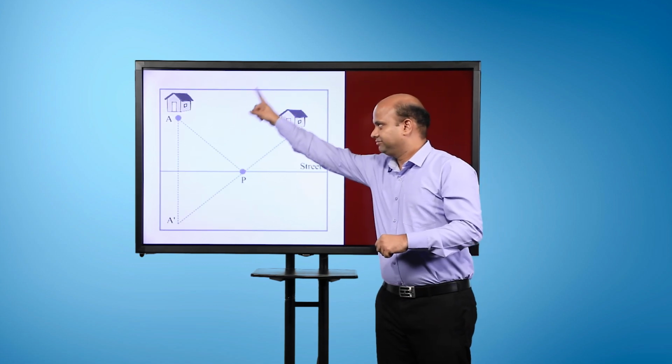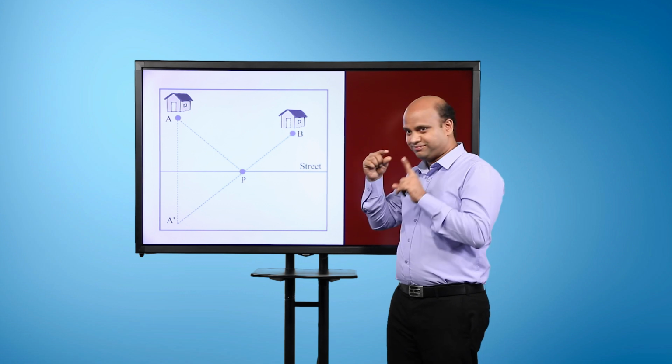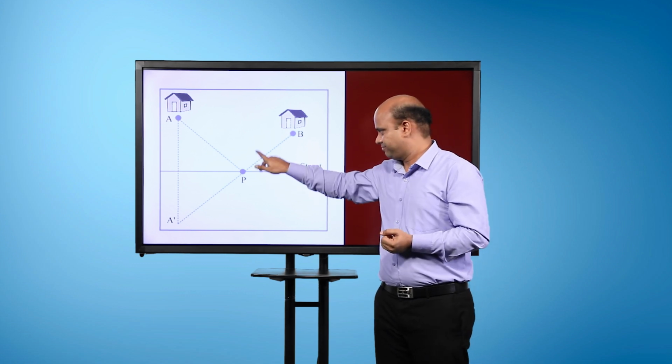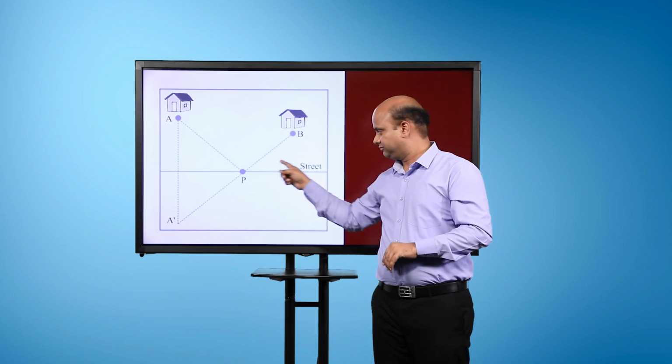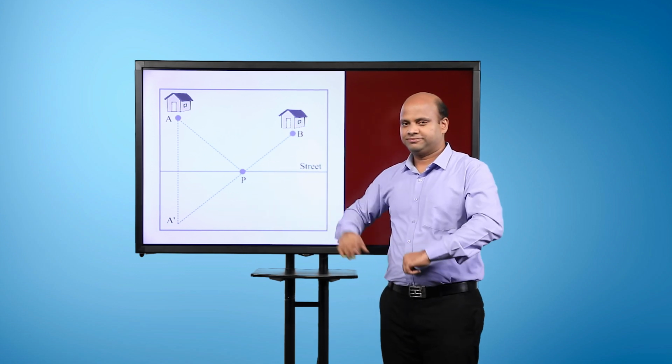Next to this, we have a figure showing this entire problem. A point P is shown in the middle, with A and B, the 2 points representing the 2 houses.